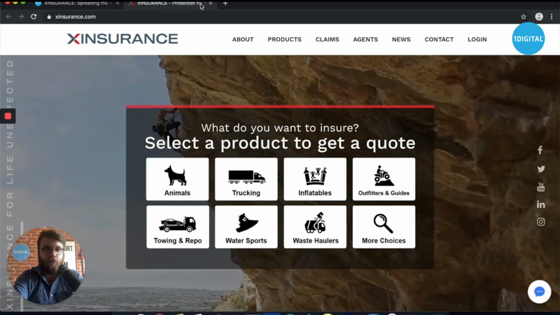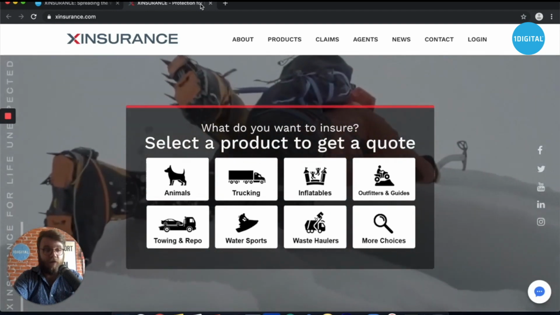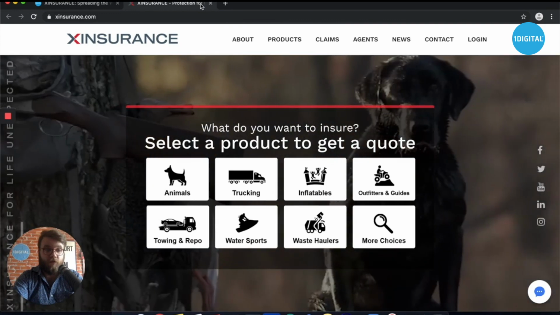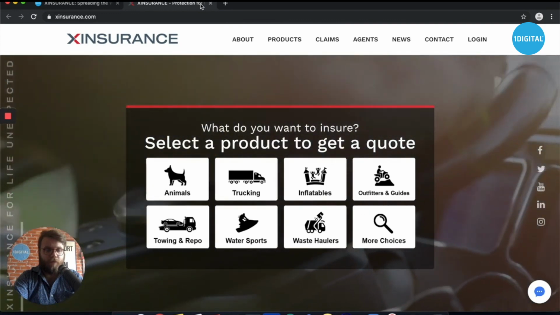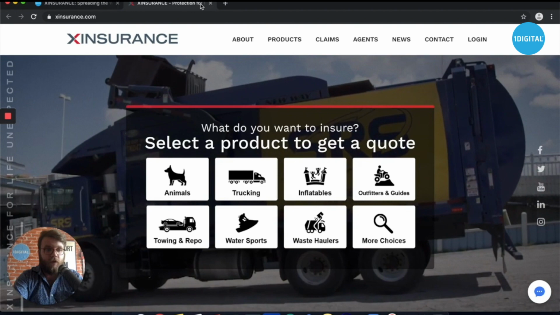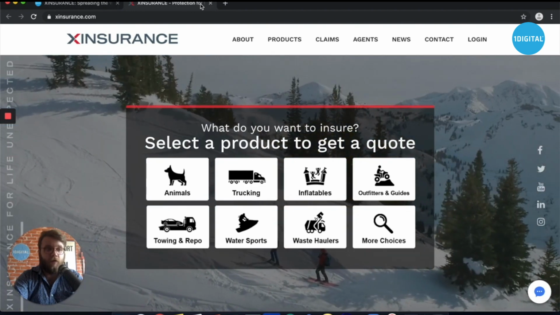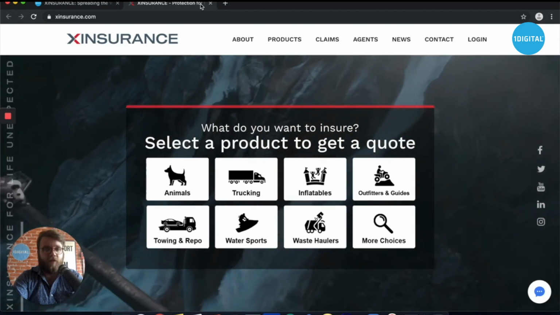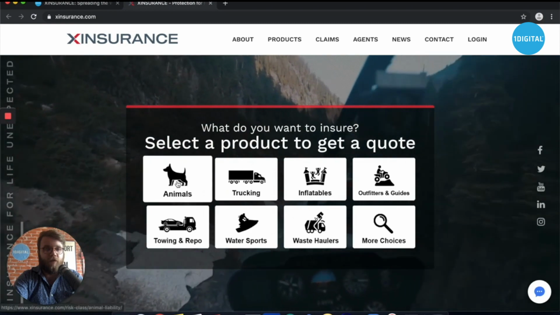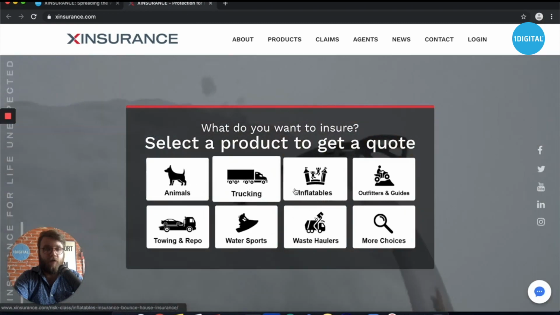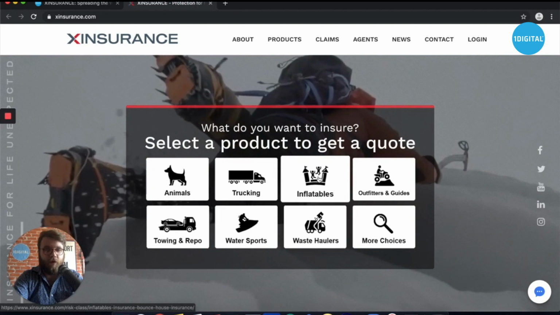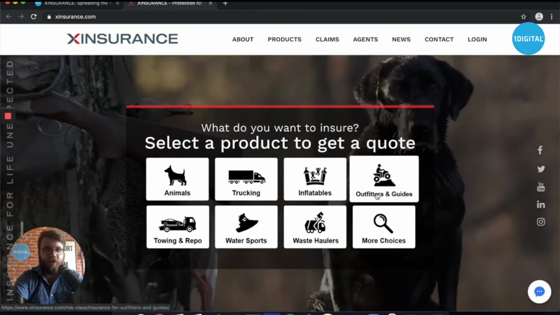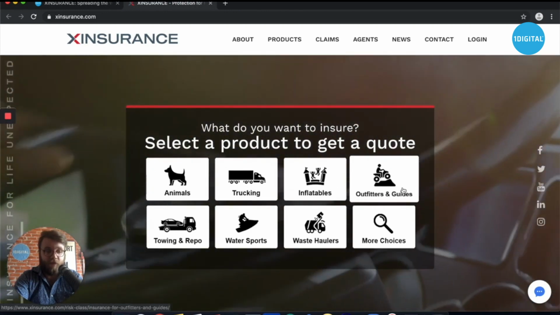But more so than that, I mean, obviously, if we just said insurance company or liability insurance, that would attract a huge volume. But these sorts of insurance products that they offer, things for animal insurance, when you get inflatables for a party, if you want to insure for outfitters and guides, these are very specific.